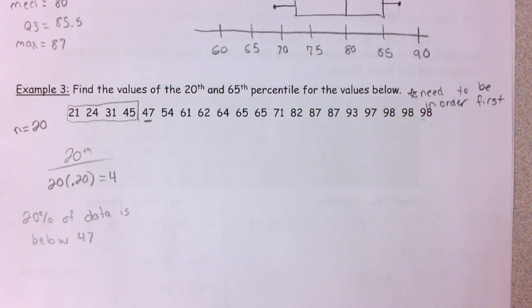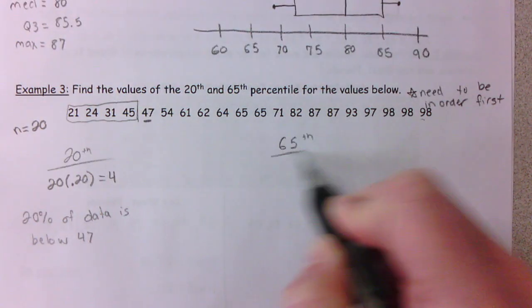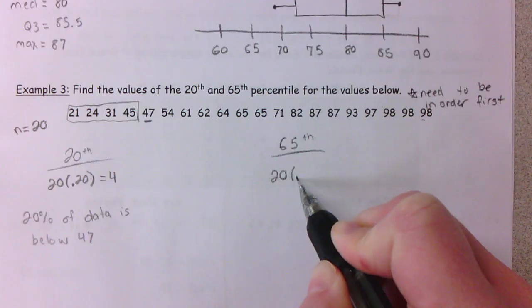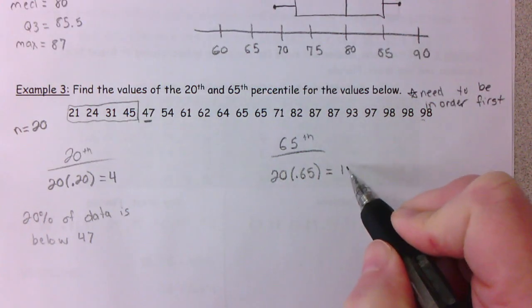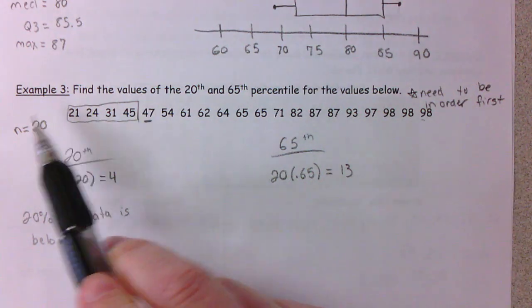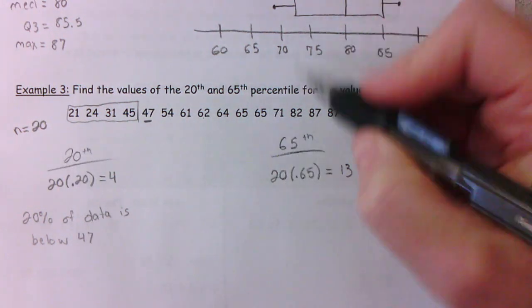Okay? So then if I want to find the 65th percentile, we would still take the number, but now I want to find 65% of the data, and that will get me 13. So here's 4, 5, 6, 7, 8, 9, 10, 11, 12, 13.